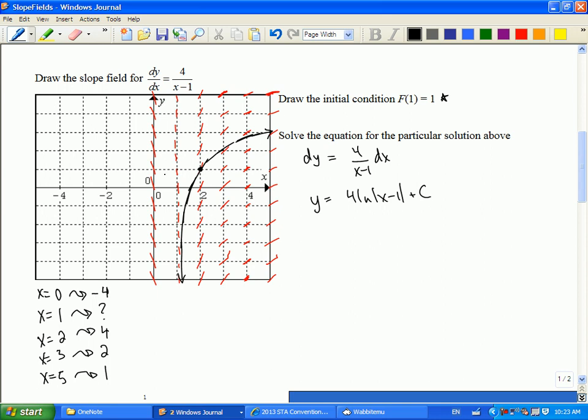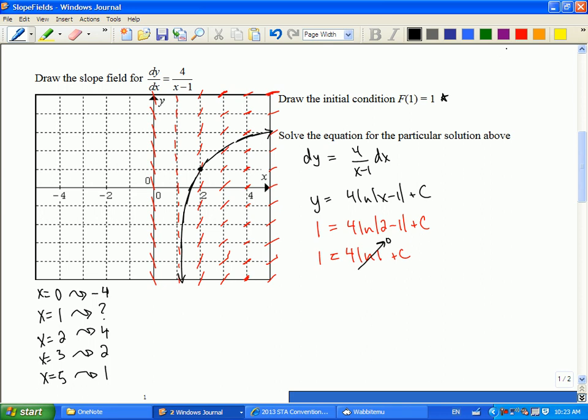The other point that I gave you here, that one we can work on. So I'll put that one in as 2, 1. So y equals 1. You'd have 4 natural log of 2 minus 1 plus c. This would be 1 equals 4 times the natural log of 1.